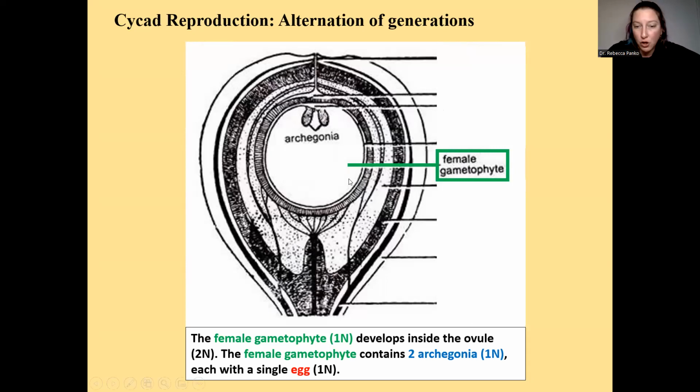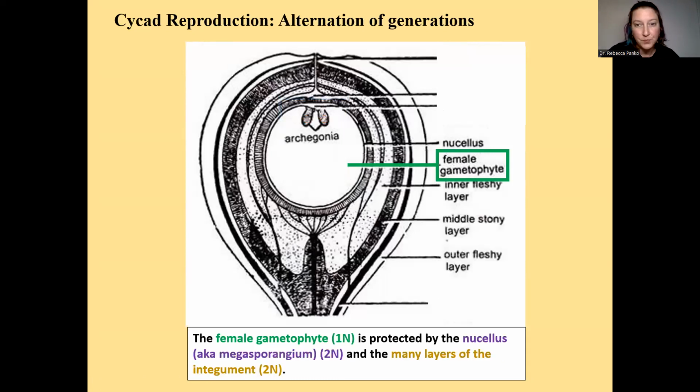Her 2 archegonia shown in blue are haploid, and each egg inside of each archegonia, shown in red, is also haploid, because those are all parts of the female gametophyte plant. So that's all inside the ovule.